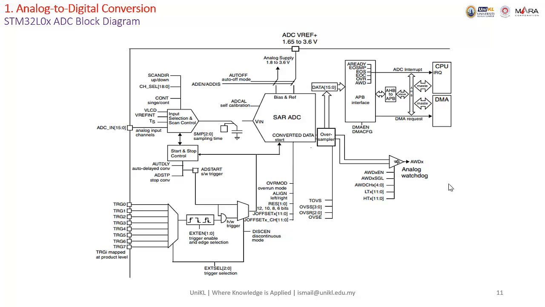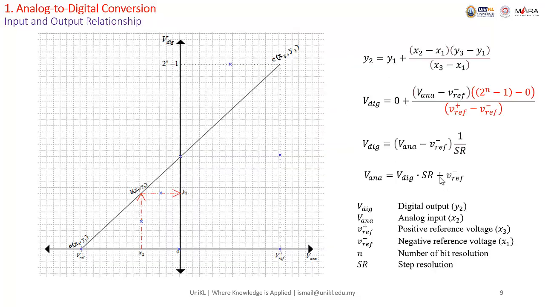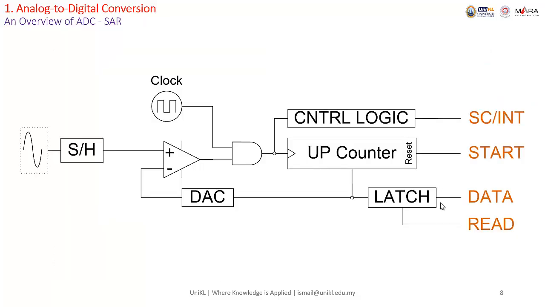Okay, in the STM actually, we are using what we call the advanced SAR. So what is advanced SAR actually? Advanced SAR here is like this. Each time we feed a signal, then we read. We start, so we reset the counter. But this time no, we have another block that checks the level of the input signal to the nearest code.